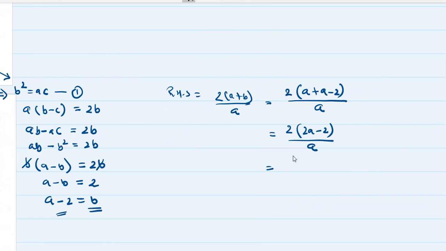If we take out 2 common, it will be 4(A minus 1)/A. And we know that B square is equal to AC. So these are the two things which are given to us. Let's try to solve LHS if that helps.